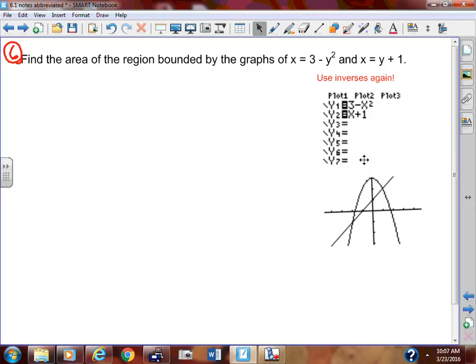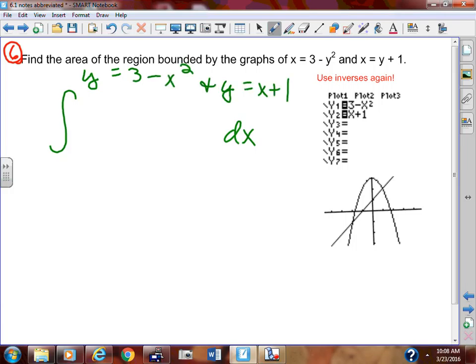When we put them in the calculator, now I have a line and I have an upside down parabola, as opposed to a parabola opening to the left and the lines. We're using inverses. I'll set this up. I'm going to have dx down here because I'm using the inverses. And the equations are y equals 3 minus x squared and y equals x plus 1.